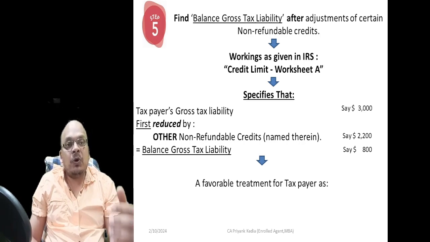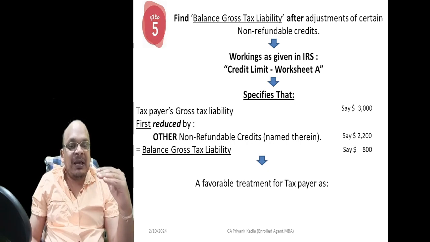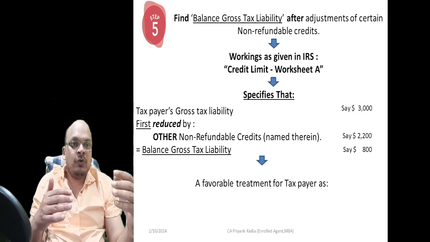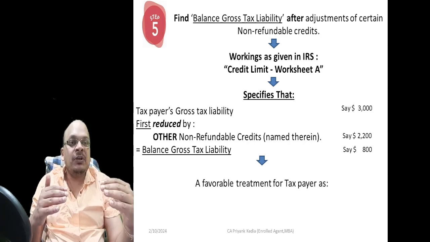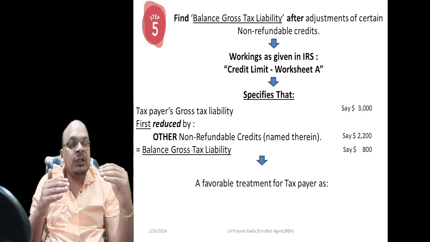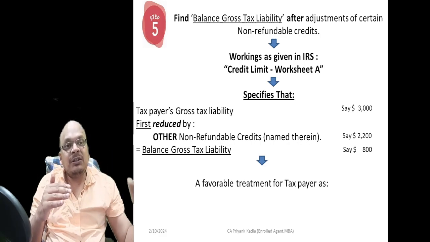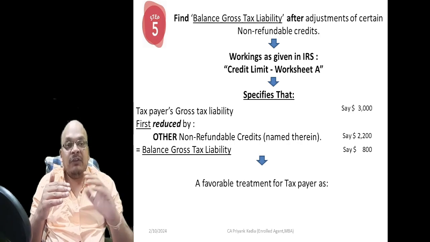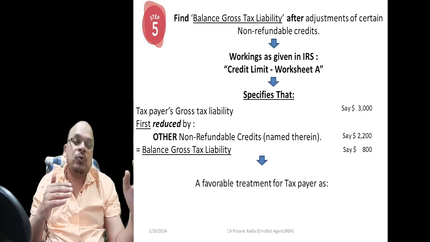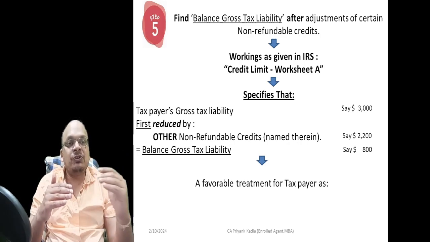And the next loss which a taxpayer might have seen was that due to utilization of this $2,000, the balance gross tax liability would have been $1,000, and therefore he would have been able to claim only $1,000 from other non-refundable credits, even though he was eligible for $2,200 as non-refundable credit.